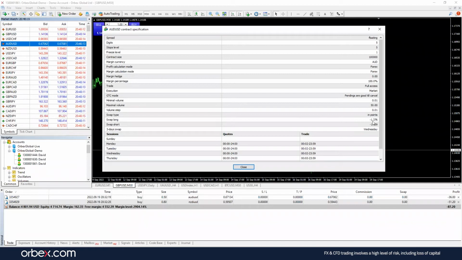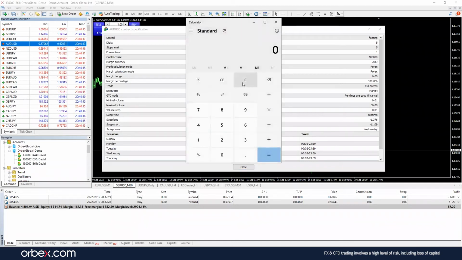So it'll be 0.1376. Multiply that by 0.50, which is my volume size. Multiply that by 10, which is the pip value for the Australian dollar. And let's say I left it open for 2 days. So I'd have a charge, because it's in a negative, of 1.376.